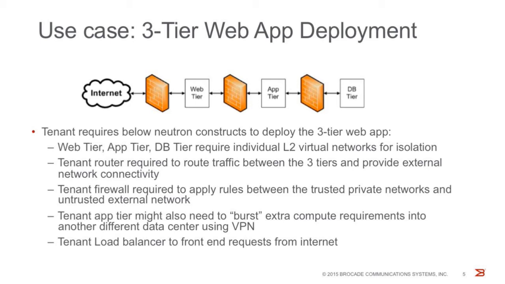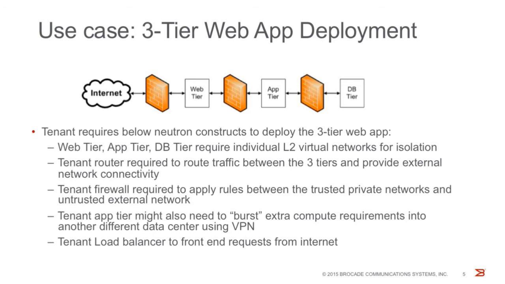And for heavy demand scenarios like, for example, Thanksgiving or Black Friday sale days, the tenant app tier might also need to burst into another data center for getting extra compute requirements. That means they would need to create some IPsec VPN tunnels. And there is also a load balancer in front of the web tier to handle the requests from the internet.